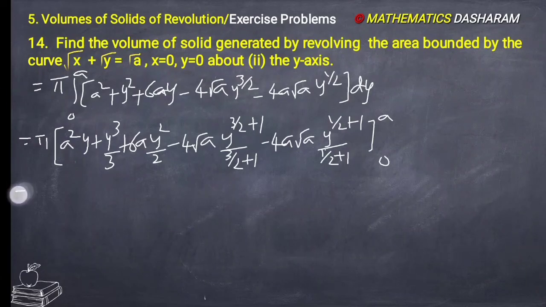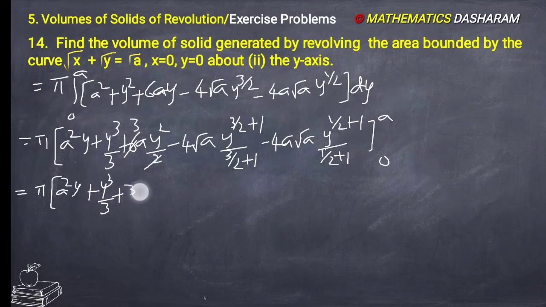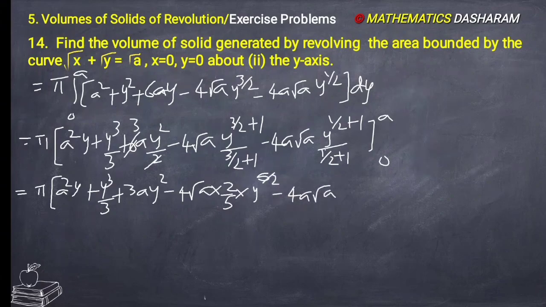So it is equal to pi into a square y plus y cube by 3 plus, here 2 ones are 2, 2 threes are 3, a y square, minus 4 into root a into, 3 by 2 plus 1 is 5 by 2, then it will become 2 by 5 y to the power of 5 by 2, minus 4a into root a into, 1 by 2 plus 1 is 3 by 2, is 2 by 3 y to the power of 3 by 2, from 0 to a.